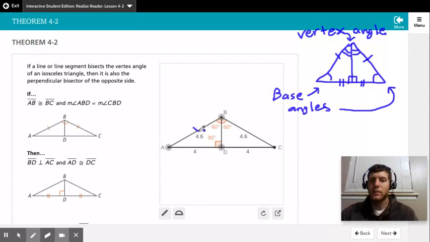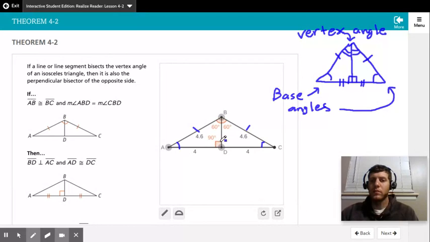Here's your isosceles triangle, the big one, ABC. These are your angles that are congruent. Those are your base angles. And when we bisect this vertex angle, which is B, 60 and 60, so we're splitting that in half, then we have a perpendicular bisector across the base.